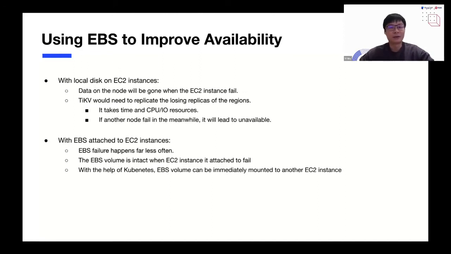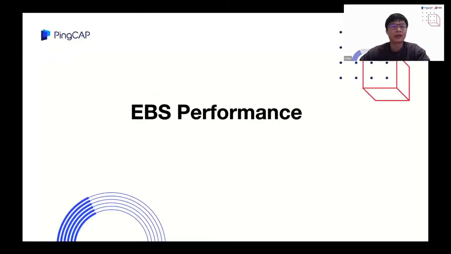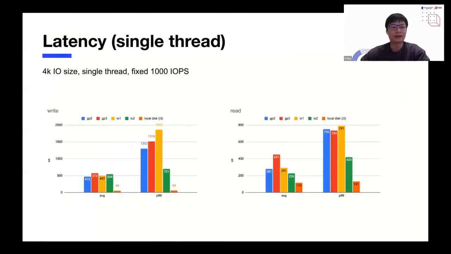But how about the performance? To figure this out, we ran some simple FIO tests on the EBS volumes. We want to compare the performance between EBS and the local disk, and there are also several different volume types that EBS provides, namely GP2, GP3, IO1, and IO2.